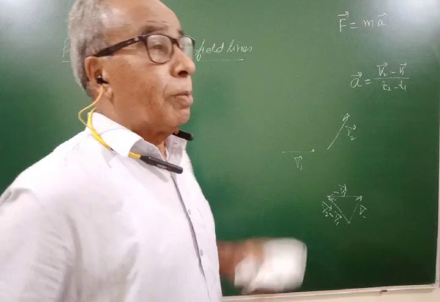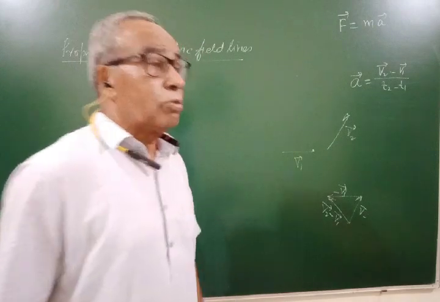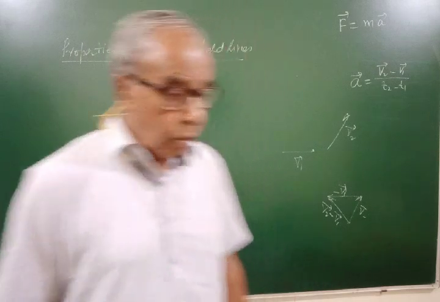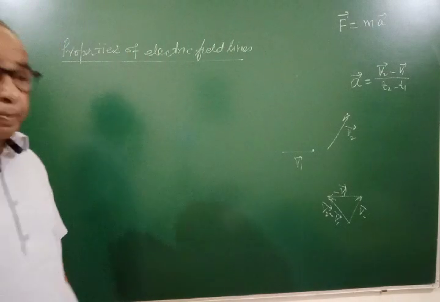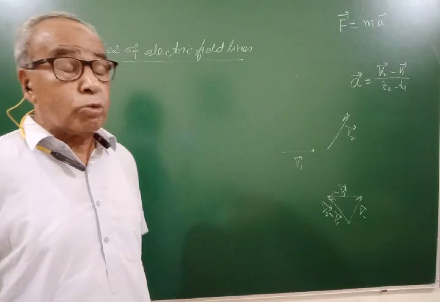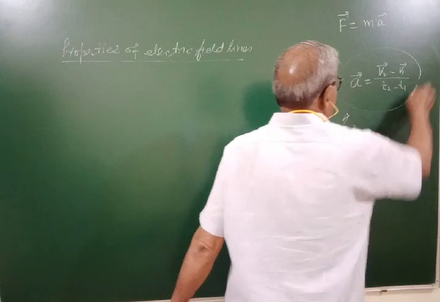When a body moves in a circular path, velocity is along the tangent and acceleration is towards the center. That is centripetal acceleration. People don't even explain why the centripetal acceleration is towards the center along the radius, because they are not aware of this fact.